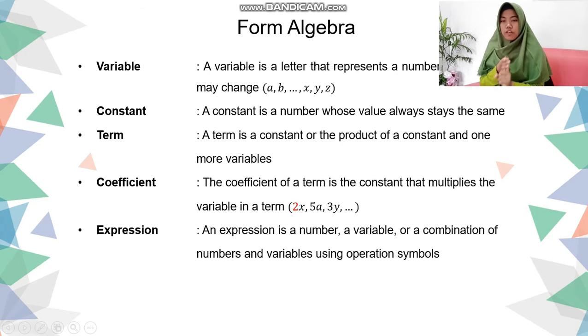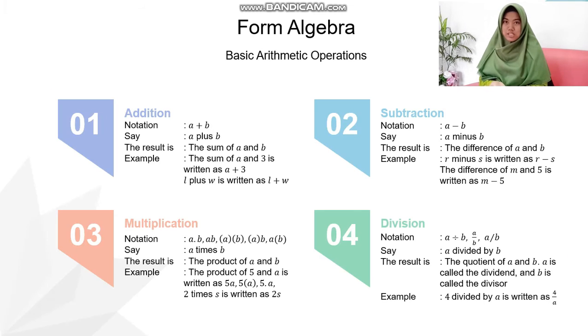The example of coefficient is 2 in 2 times x, 5 in 5 times a, 3 in 3 times y. And the last is expression. An expression is a number, a variable, or a combination of numbers and variables using operation symbols.